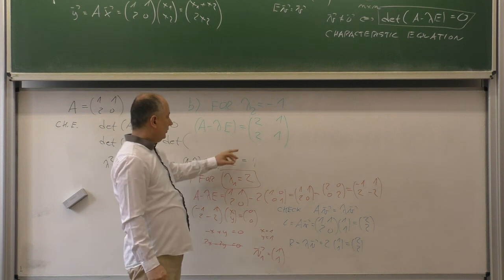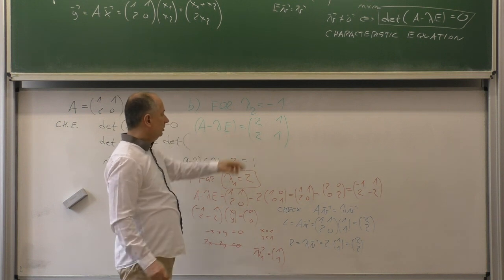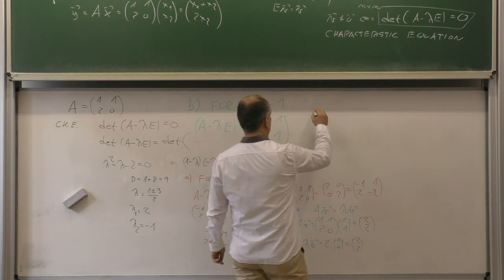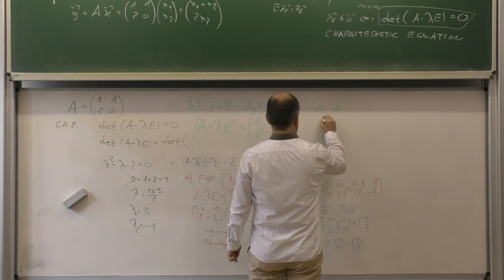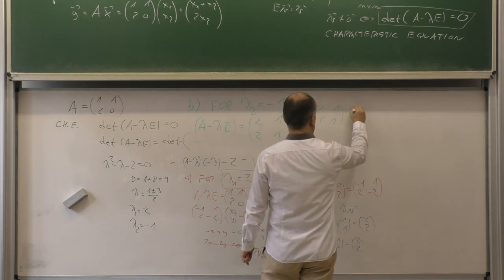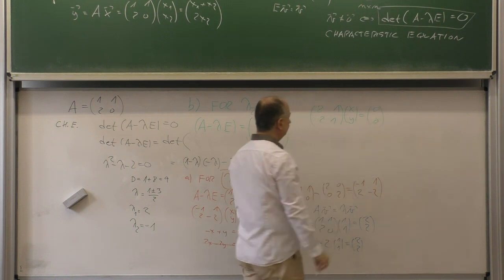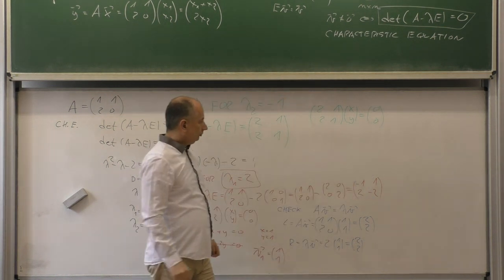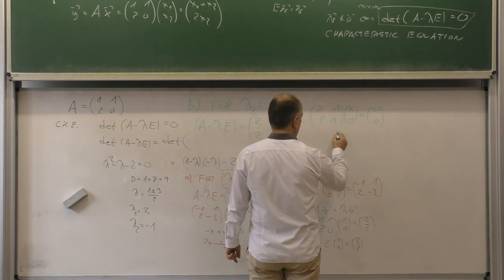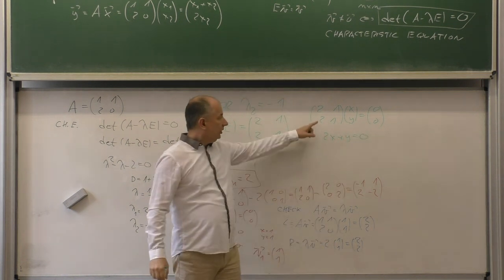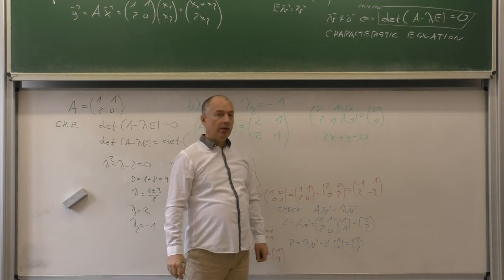And now we want to find a vector that is mapped by this matrix to 0. So 2, 1, 2, 1 times some vector xy should be 0. The first row corresponds to the first equation, namely 2x plus y is 0. And the second row generates the same equation.